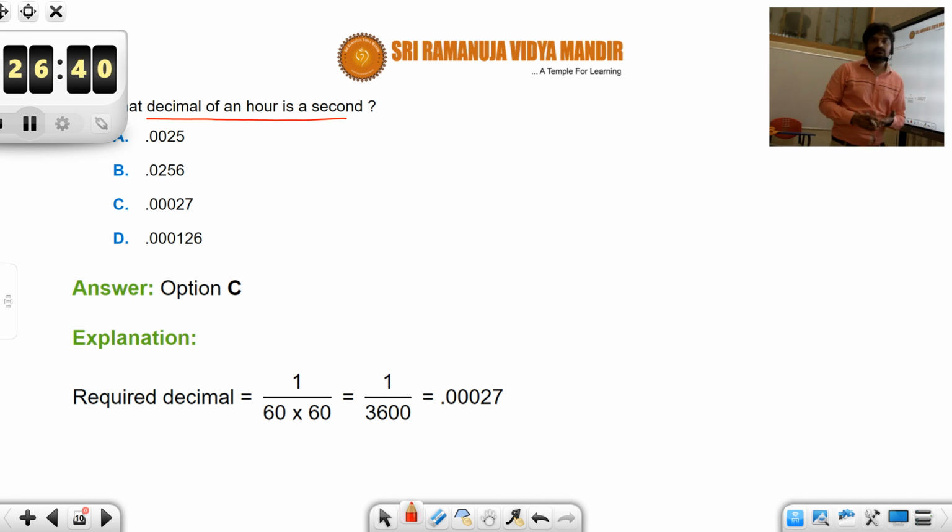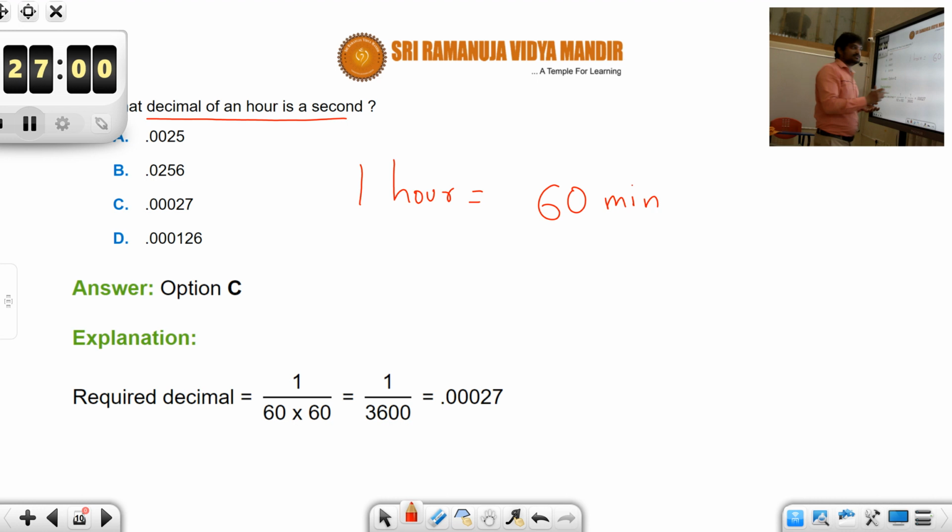First of all, we know that 1 hour is equal to how many minutes? It is equal to 60 minutes, right? And then convert minutes into seconds. We know 1 minute is equal to 60 seconds.